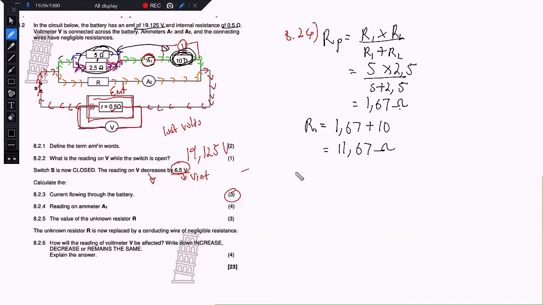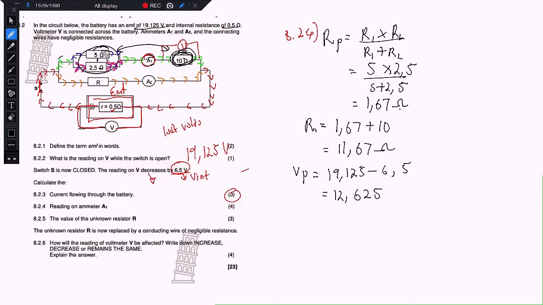Having that, we can now calculate the V parallel over there. So the V parallel is 19.125, which is the EMF, minus the internal voltage, which is 6.5. And then we are going to get 12.625.